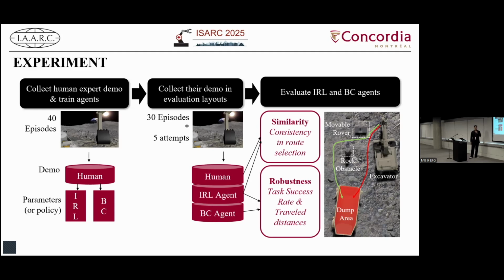And we selected two key criteria. The first one is similarity, which reflects whether the agent follows the human strategies, and the second is robustness, which reflects how well the agent performs in dynamic and complex environments.